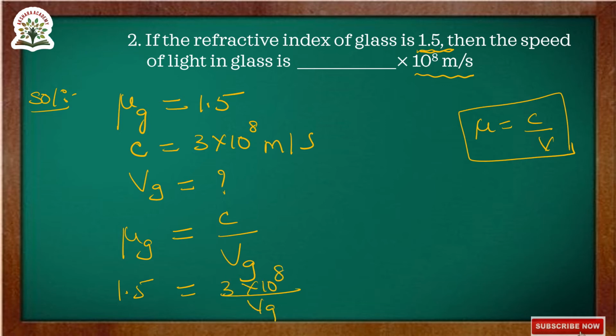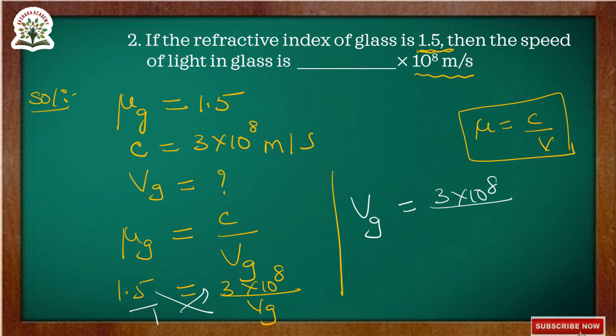Now we calculate Vg by cross multiplication. Vg is equal to 3 into 10 to the power of 8 by 1.5. In decimal representation, we write 30 into 10 to the power of 8 by 15. 15 1s are 15, 15 2s are 30. So this is equal to 2 into 10 to the power of 8.